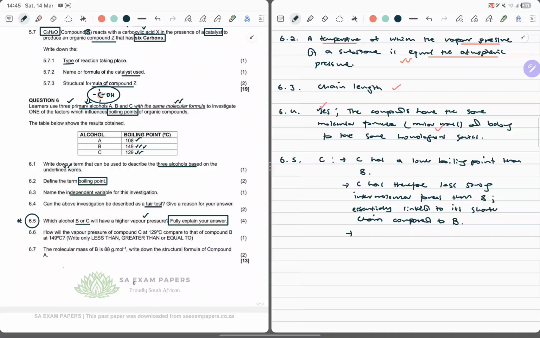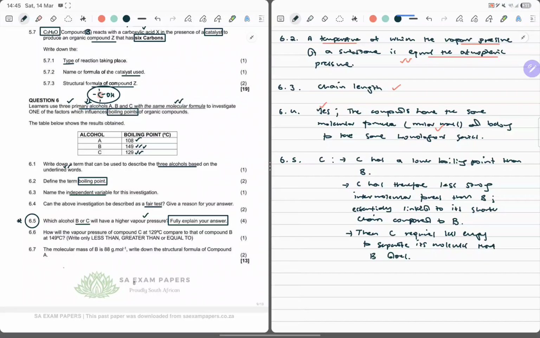But you don't have to talk about these ones individually. You just compare. You can say, then, C requires, you never stop without talking about, requires less energy to separate its molecules than B does.